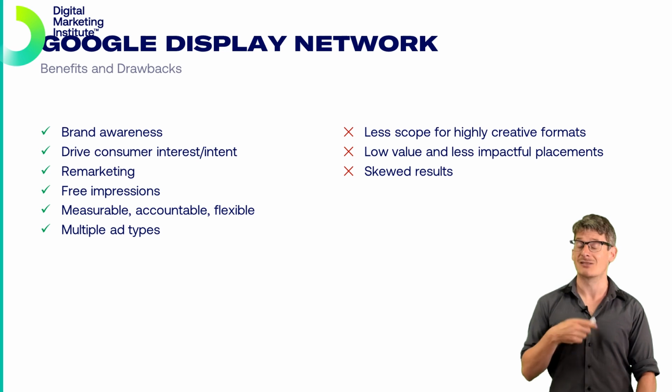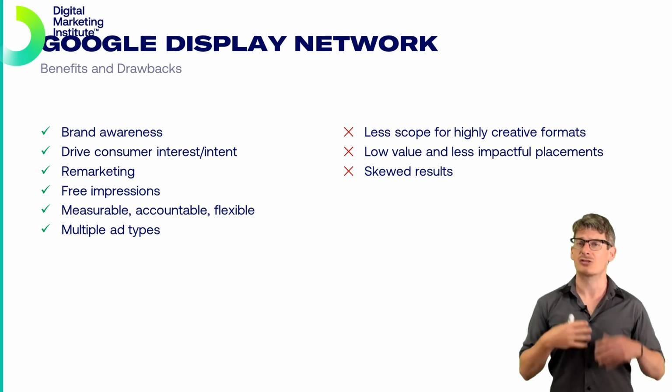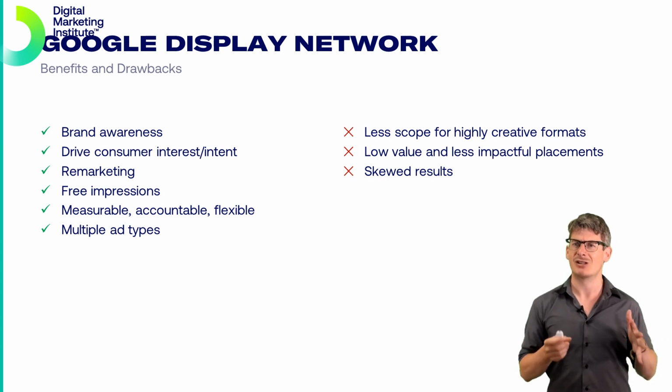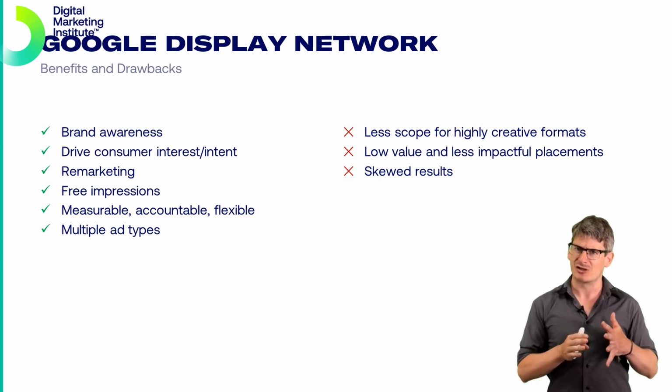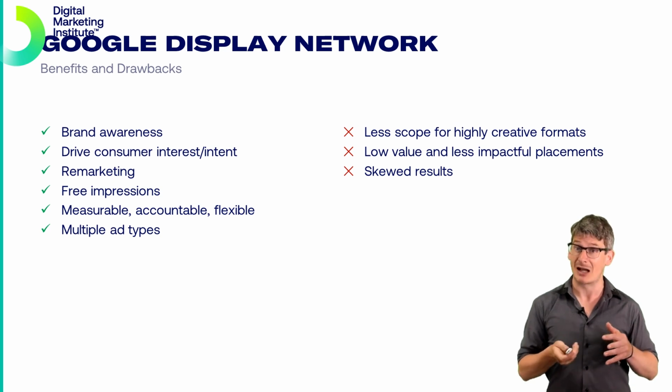And as a result, the placements that tend to sign up to the Google Display Network can't command those premium prices. So sometimes we do get shown on less impactful and lower value placements as a result. And because it's such mass, it's such a wide-reaching net, your expectation has to be managed in such a sense that your results don't get skewed beyond what you actually expected.